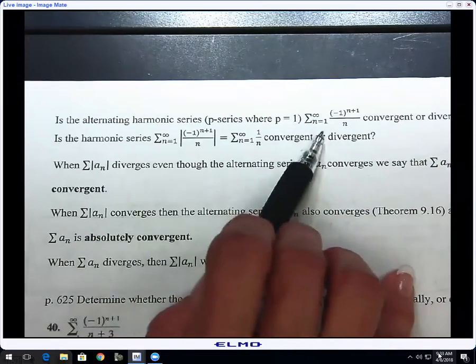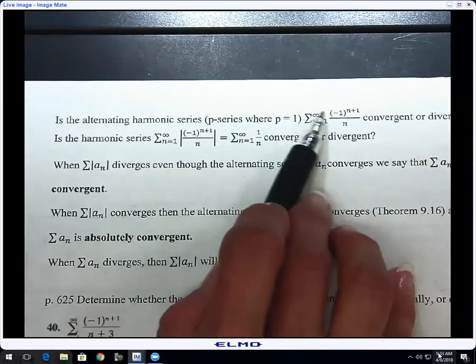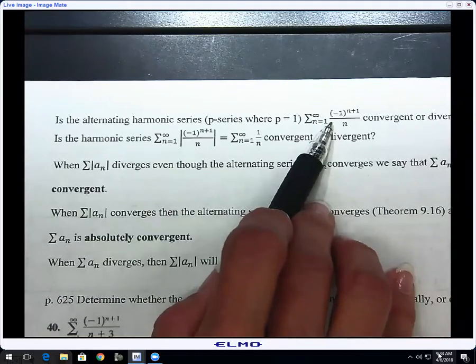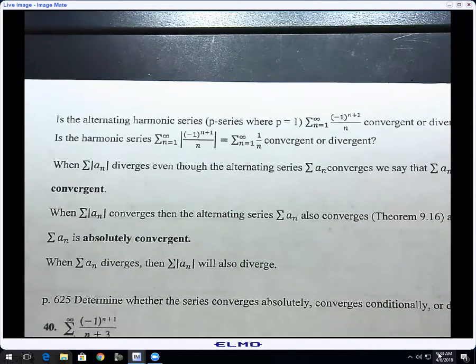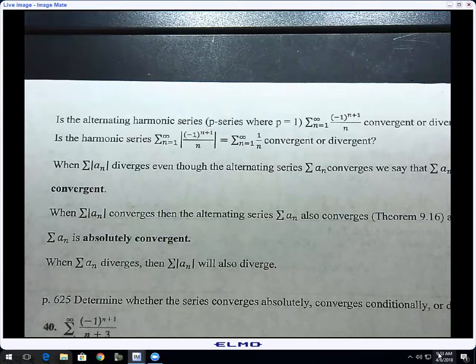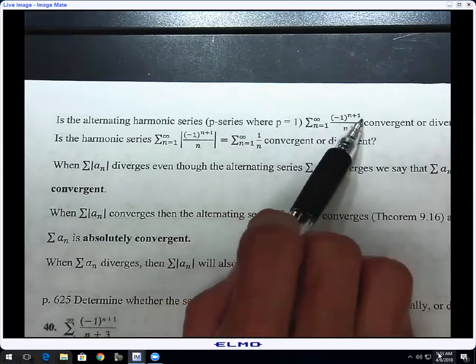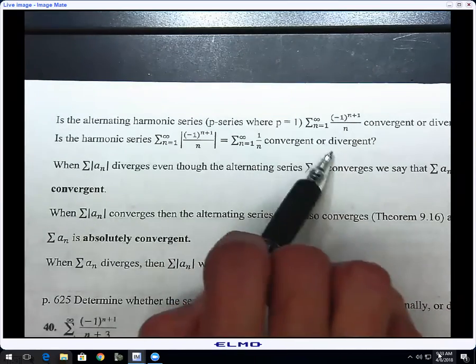The alternating harmonic series would just have -1 to the n plus 1 in the numerator. And would it converge or diverge? Or how would you know that? How would you tell whether this guy converged or diverged?